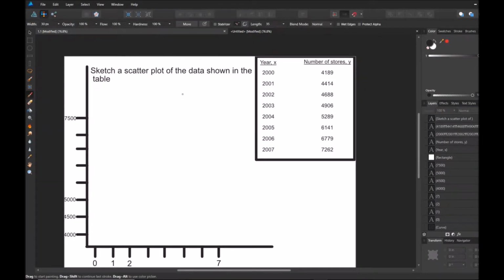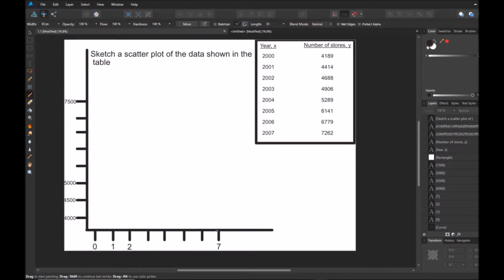shown in the table. And in the table, we have a number of years going from 2000 to 2007, and a number of stores being opened, ranging anywhere from just over 4,100 to over 7,200. So we're told that the x-axis is going to contain the years.